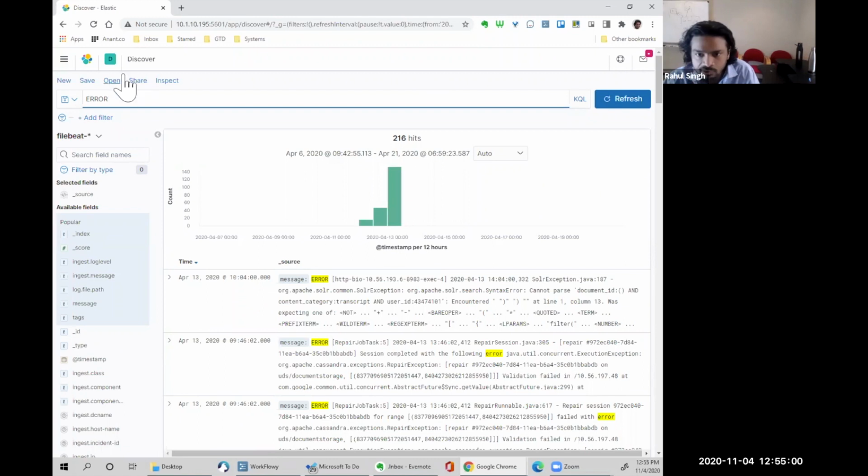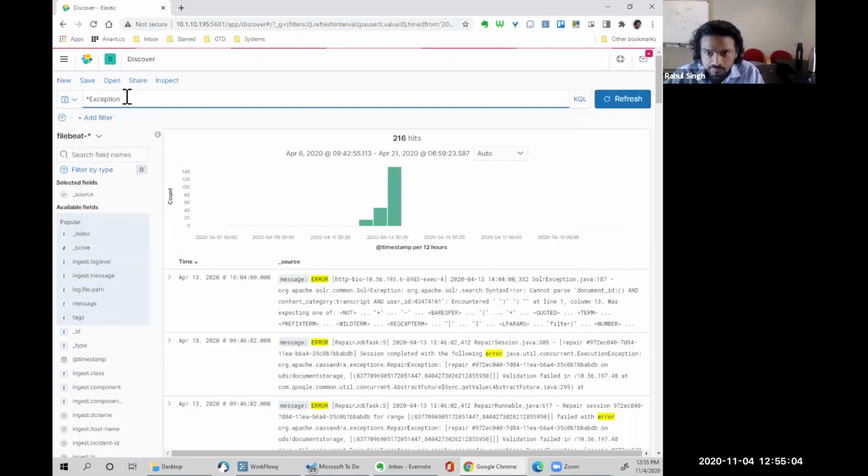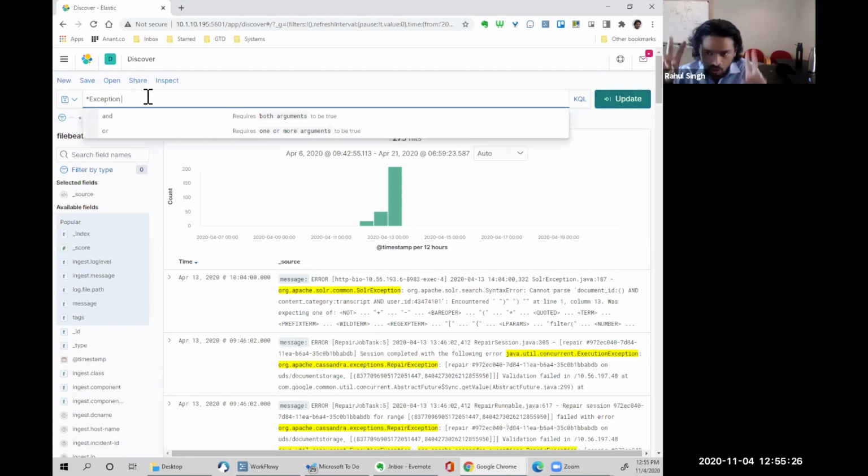Remember we talked about exceptions, so let's take a look for exceptions. We're using wildcards, and as David knows, wildcards are expensive in Lucene. All right. So yeah, the errors pretty much coincide with the actual error, ERR, debug level.